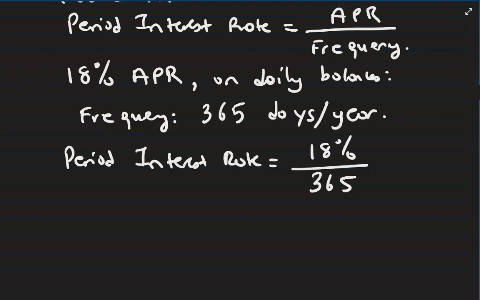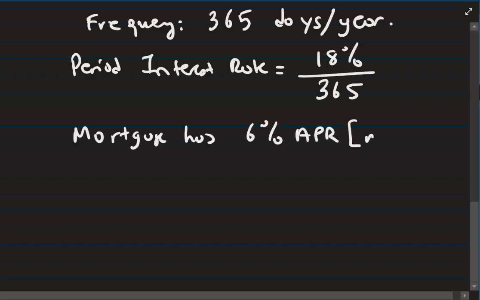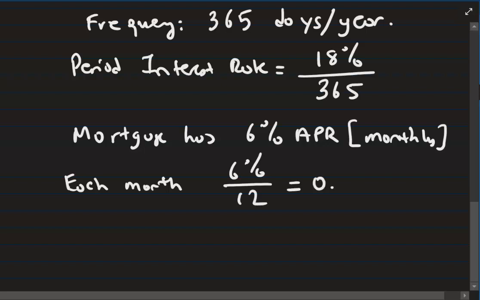Now, if you're talking about one single loan, that APR is all you need to know. For example, if your mortgage has 6% APR, and we know that this is monthly, then each month you're going to pay 6% divided by 12, which is 0.5% interest.